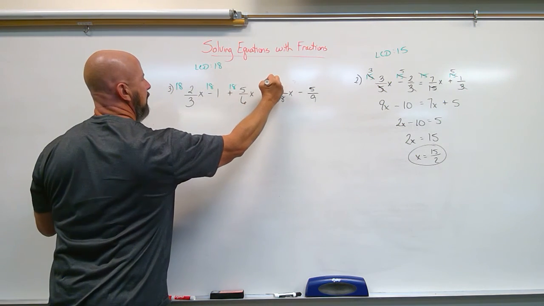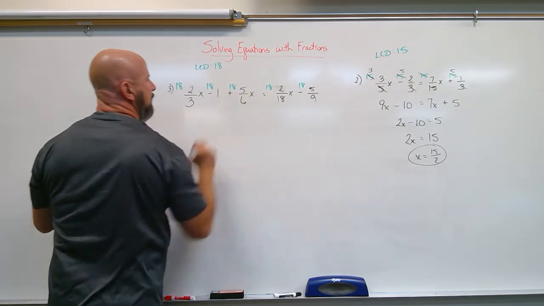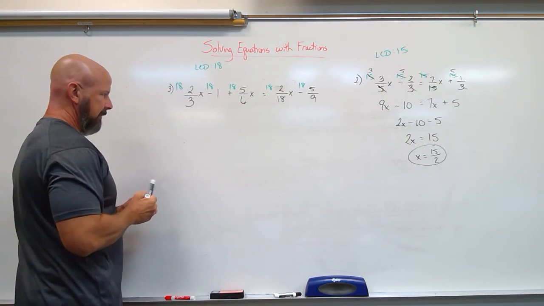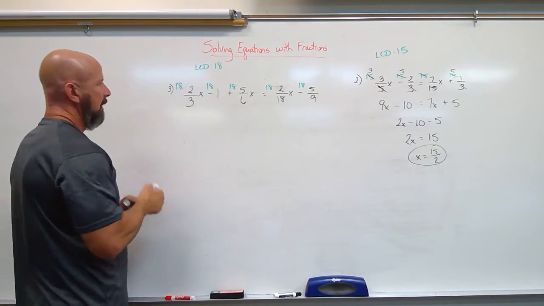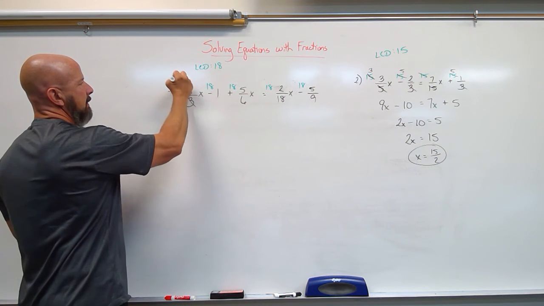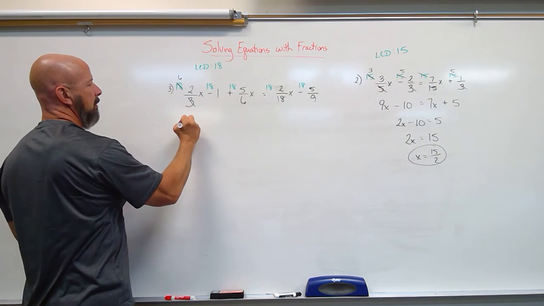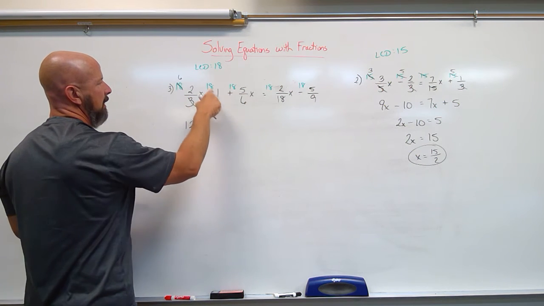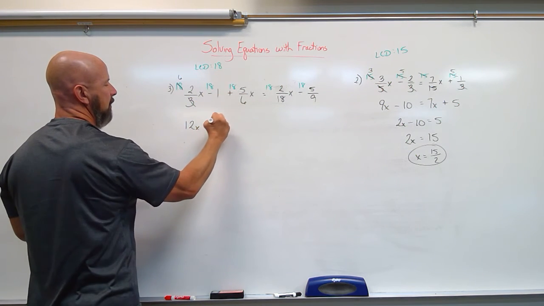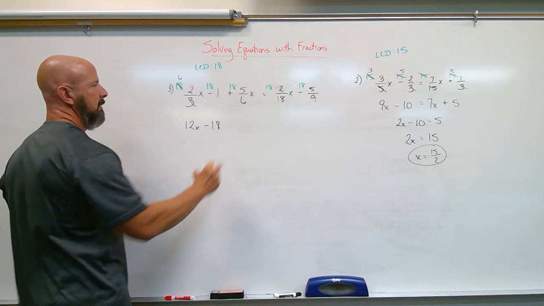I'm going to write it by each one, and my goal is to eliminate those fractions. 3 goes into 18 6 times. 6 times 2, 12x. Nothing canceling here, so 18 times 1 is 18, minus 18.